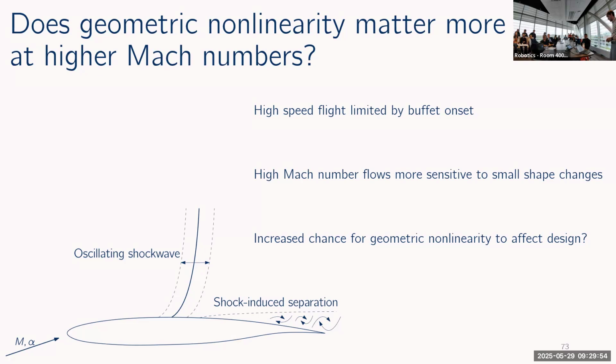You get separation behind that shock wave, and that oscillates backwards and forwards and leads to a lot of vibration in the structure. And this has to be avoided throughout the flight envelope. My theory here is that we intuitively know that higher Mach number flows are more sensitive to small changes in the wing geometry. So maybe if I optimize this wing considering some of those higher Mach number flight points, geometric nonlinearity might have more of an effect on the design.